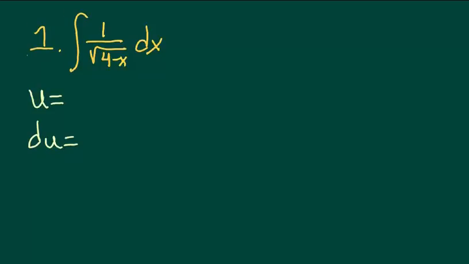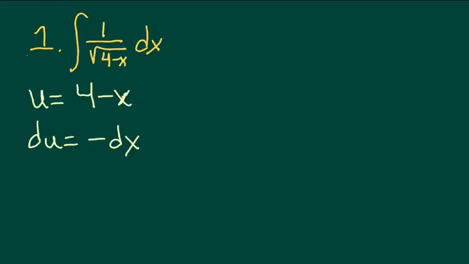So here's an example of integration by substitution. The expression that you want subbed in by u in this case is 4 minus x. du in this case is going to be negative dx based off of rules of integration that we already know.